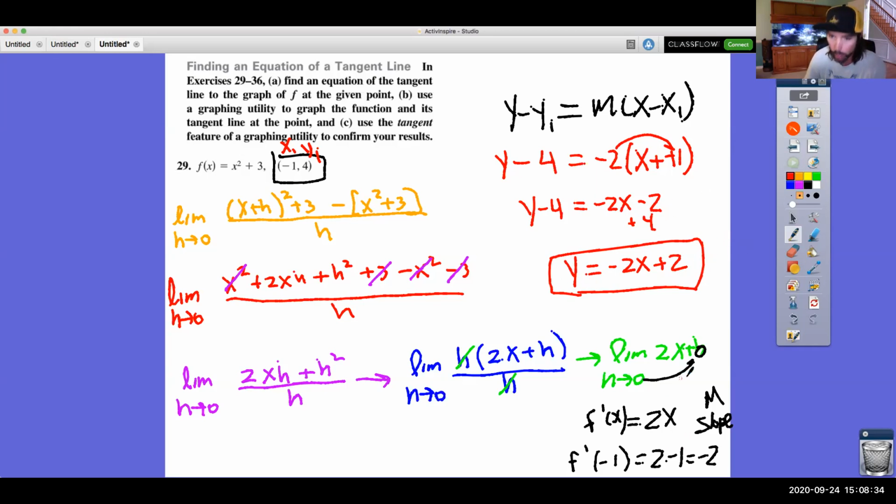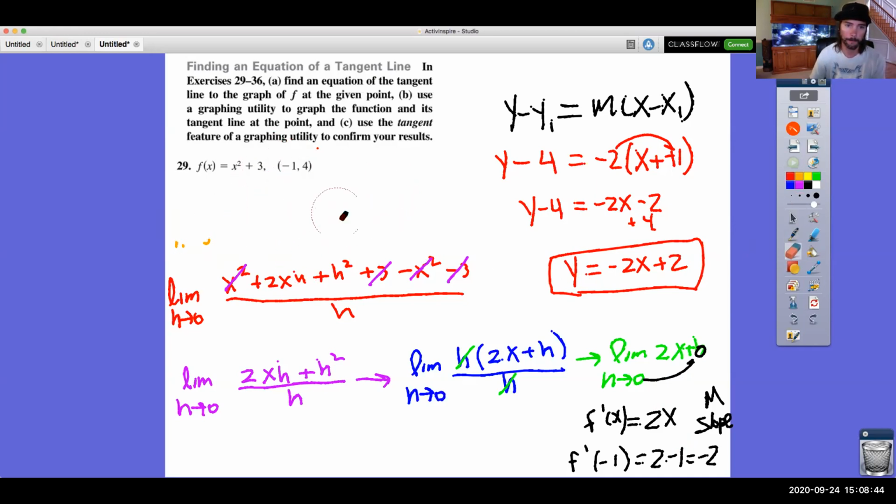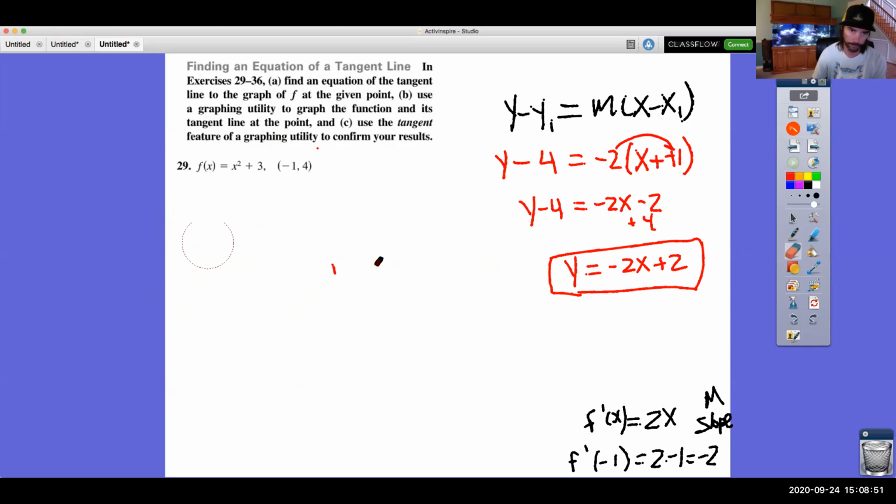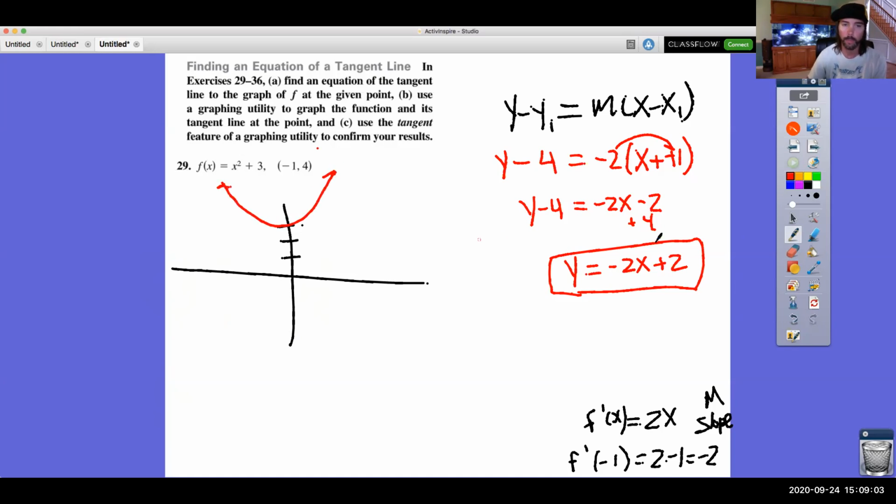-2 is the slope of the tangent line. 2x is the derivative. Visually, here's what we did. If I were to graph x squared plus 3, it's a parabola shifted up 3. The point -1, 4 lands on said parabola.